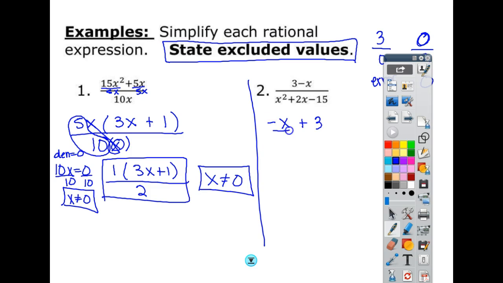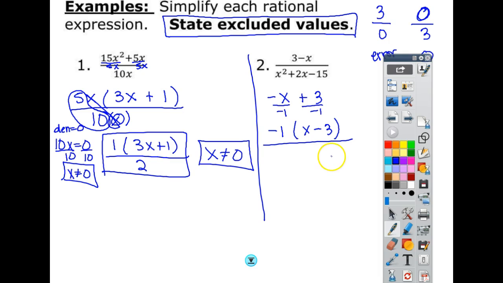So we're going to divide everybody by a negative 1. That's going to get rid of that negative at the beginning. So now we have a negative in the front and then x minus 3. Remember that a little bit from Friday?